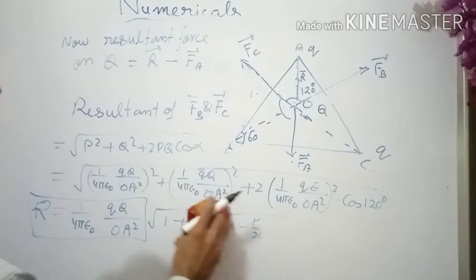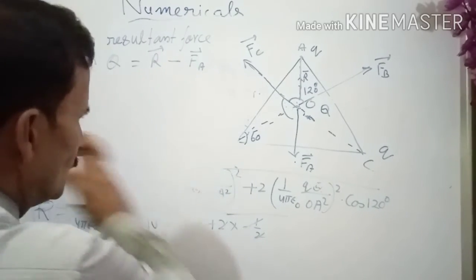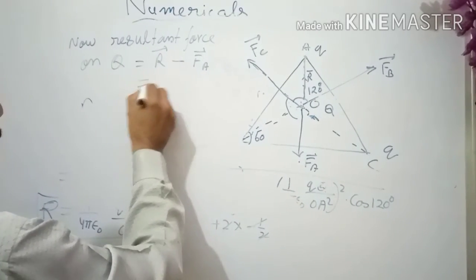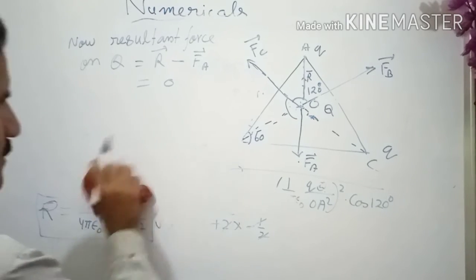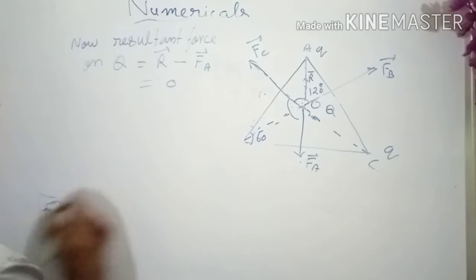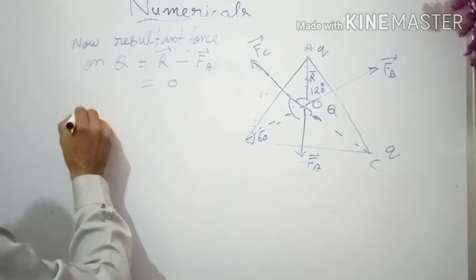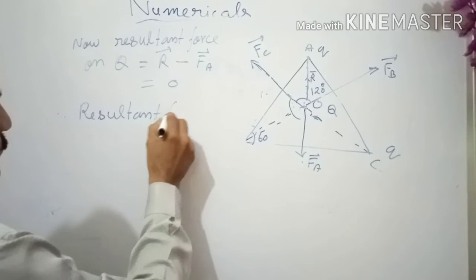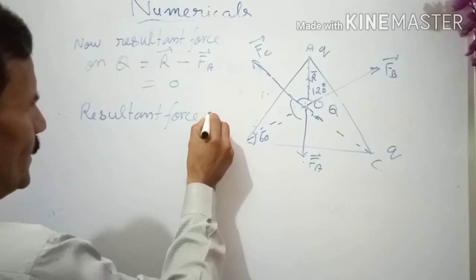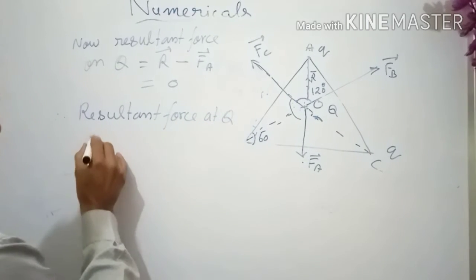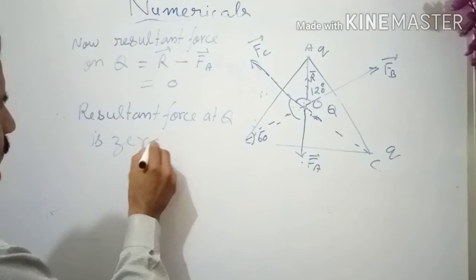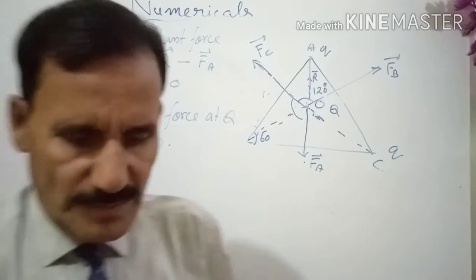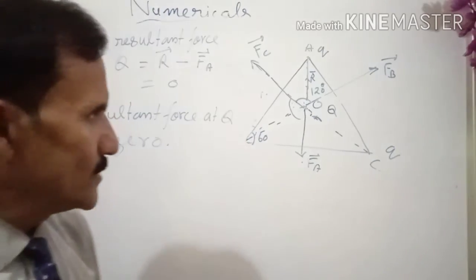Both are having the same magnitude, so you will get this value 0. Therefore, what is the resultant force? That is 0. Therefore, resultant force at Q is 0. Okay. So I am fast, but I hope that you are understanding.